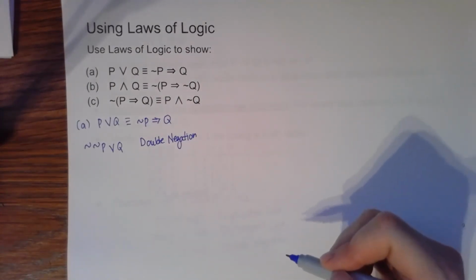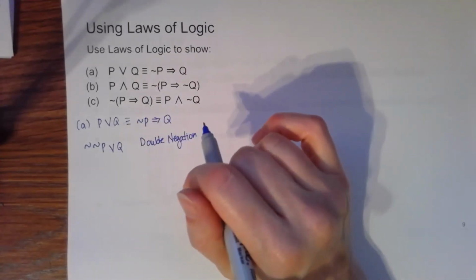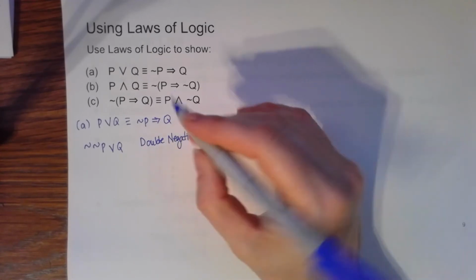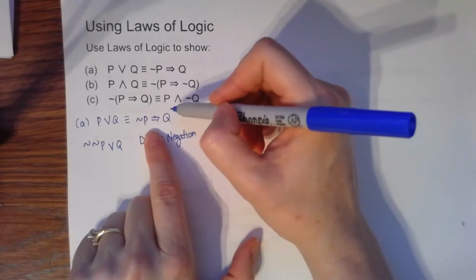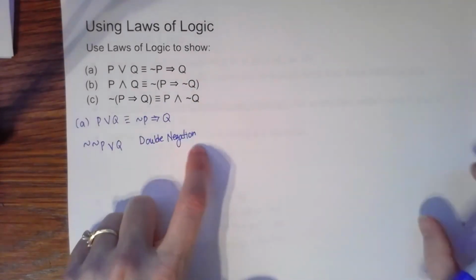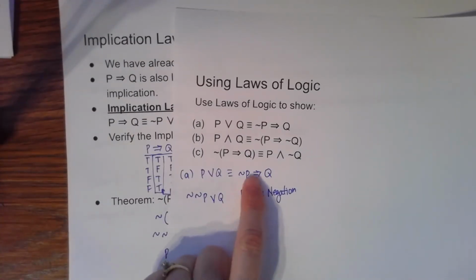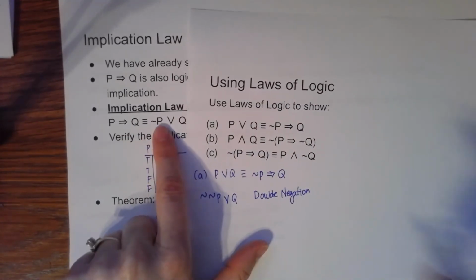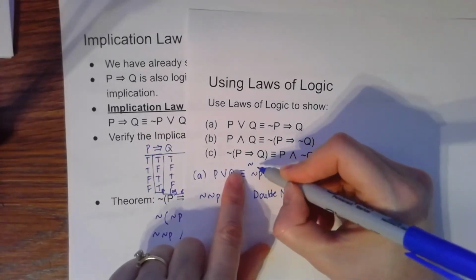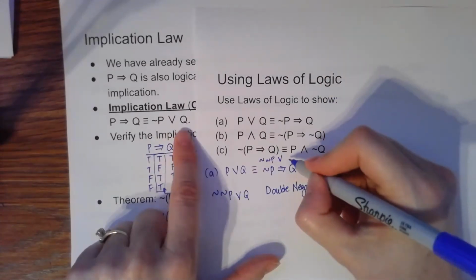And now if I look at this, sometimes you have to work backwards and see how this is going to work. If I were to use the implication law on this, the implication law says if I have something implies something else, I take not the first thing, so not P, or the second thing.